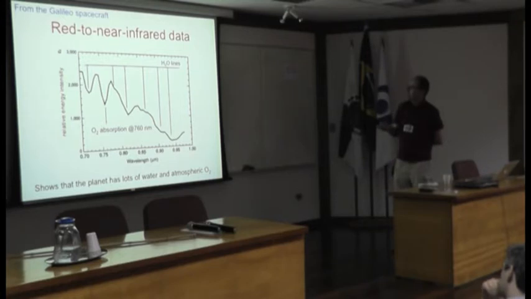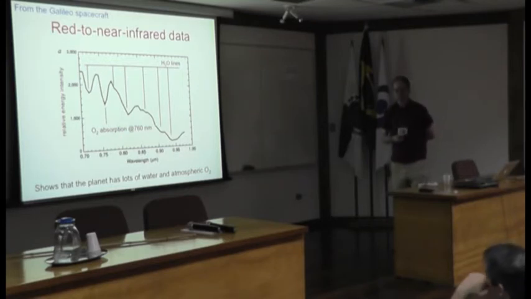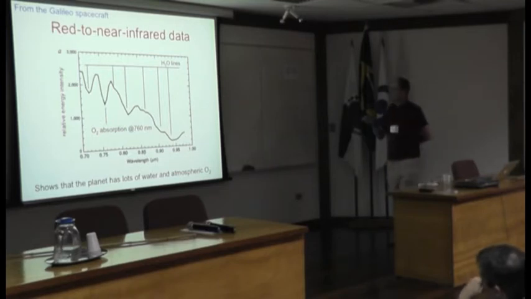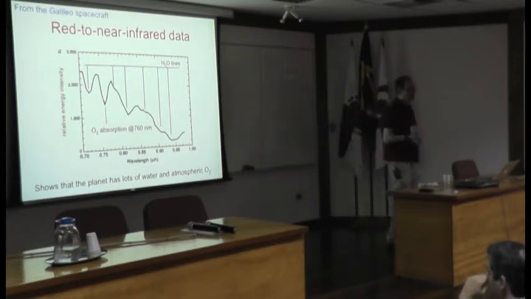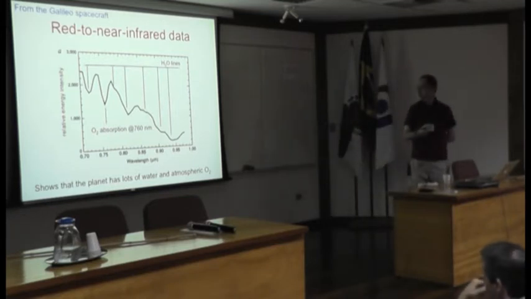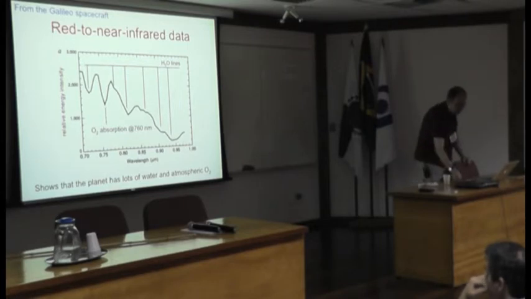In the near-infrared, many water vapor lines, and also oxygen absorption at 760 nanometers. So immediately you could infer a wet planet, and you could infer one with a lot of oxygen in its atmosphere. And oxygen in abundance could usually be attributed to life.